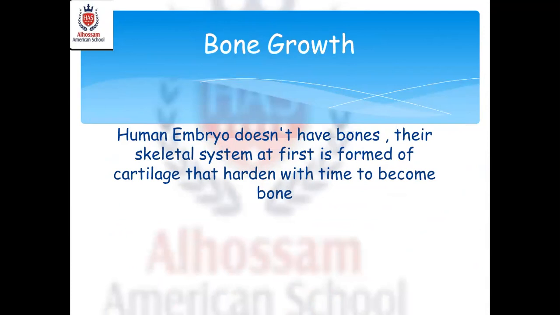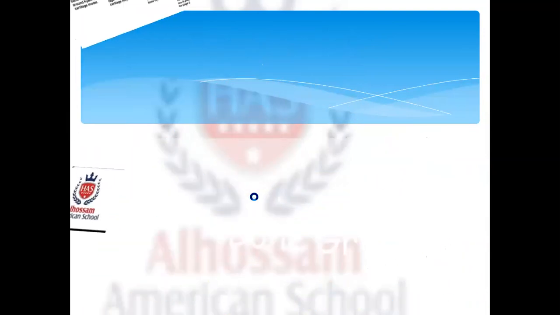We have now understood how bones look from inside. Now we are going to talk about how bone can grow. The human embryo, the baby who is formed inside the uterus of any mom, doesn't have bones. Actually, it's mainly formed of a soft tissue called cartilage. This cartilage is the tissue that with time hardens to become bone, and this is the idea of bone growth.